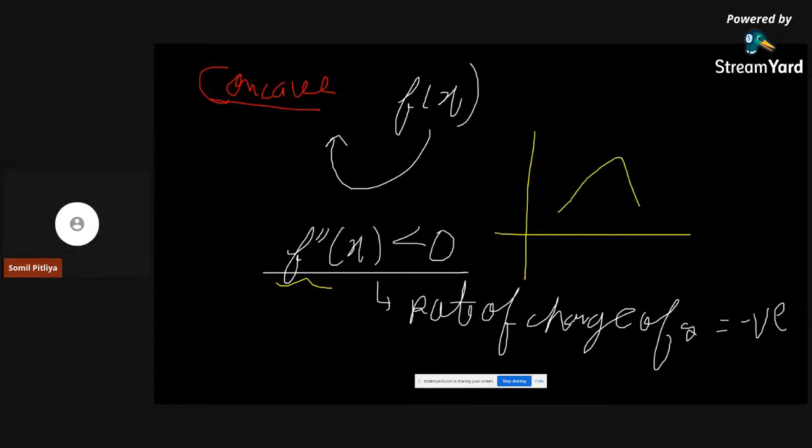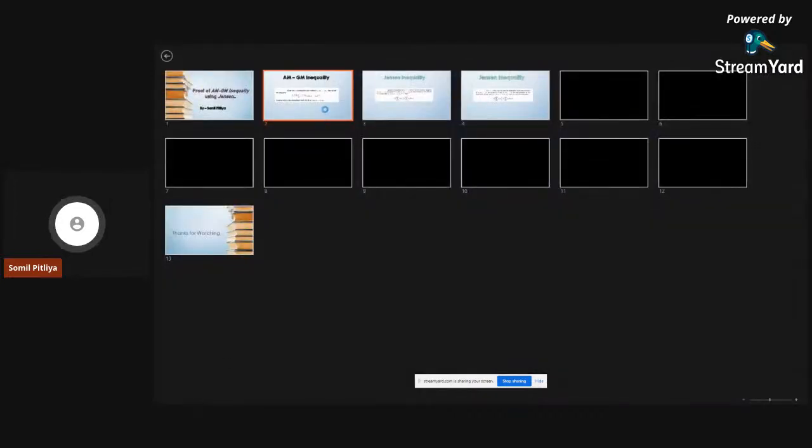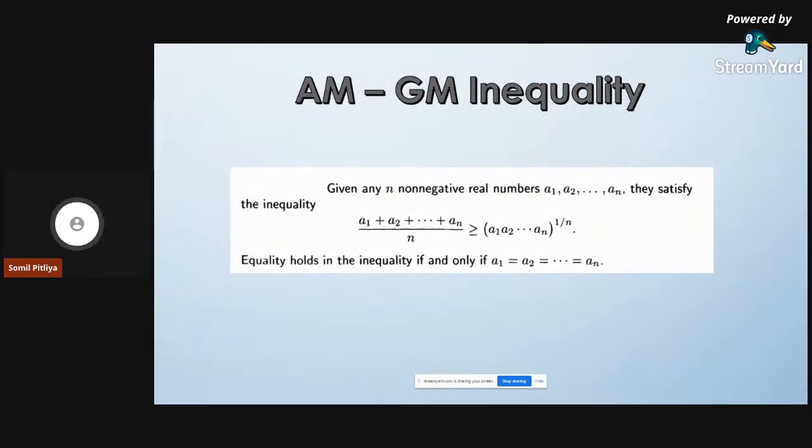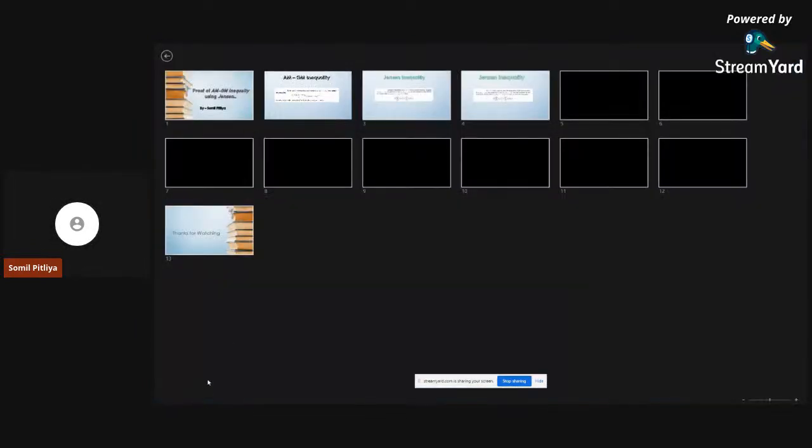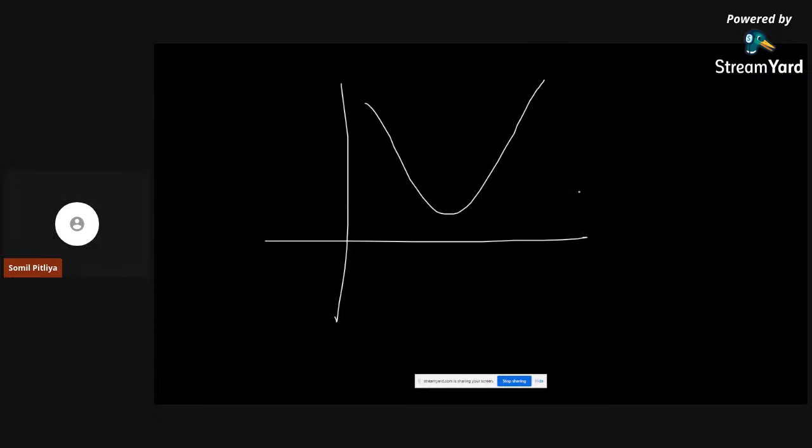So it's like this. This is a concave function. For the convex function, its graph will be something like the following graph, like this. It's for convex.